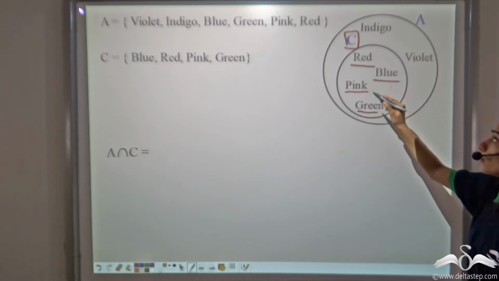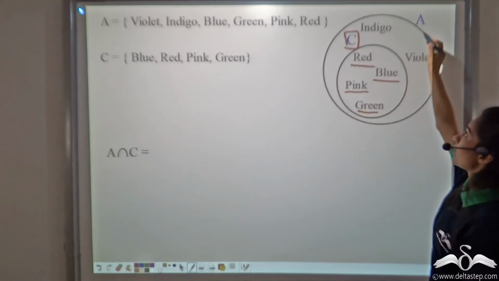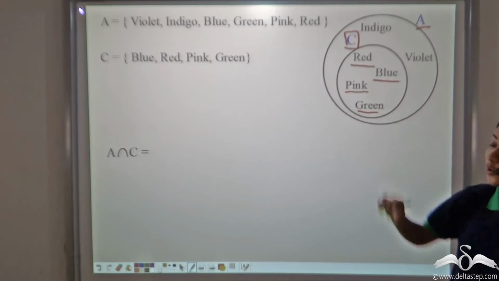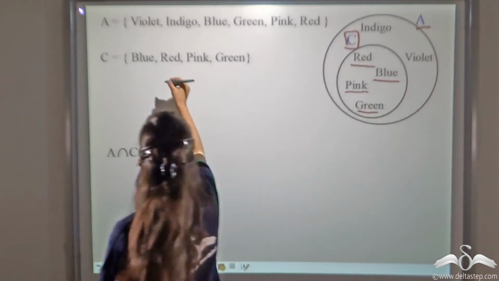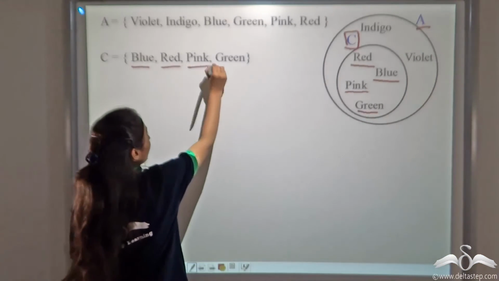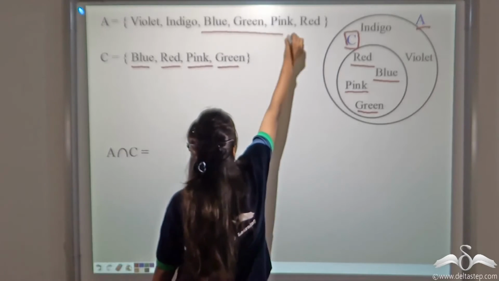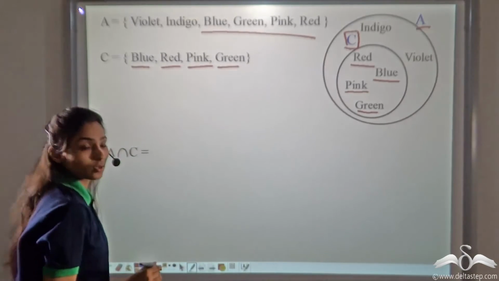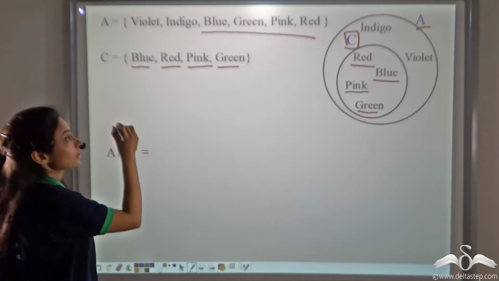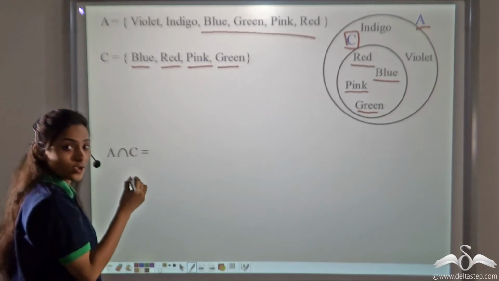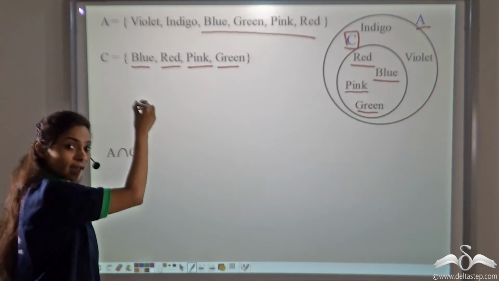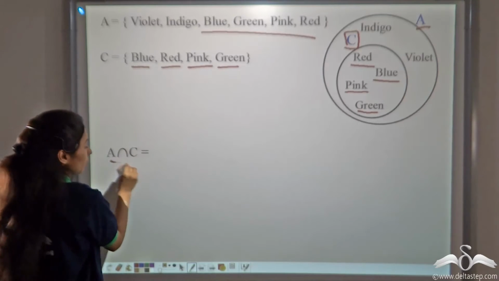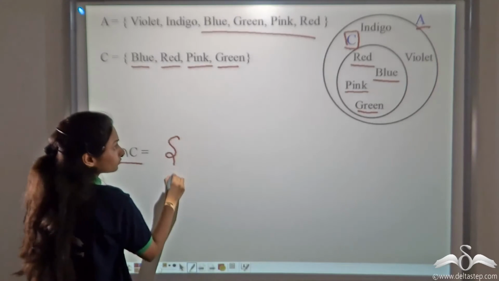These colors are common to set C as well as set A. See in the question. Blue, red, pink, green. They are present in both the sets. So these are the elements that are common to both A and C, or they belong to both A and C.